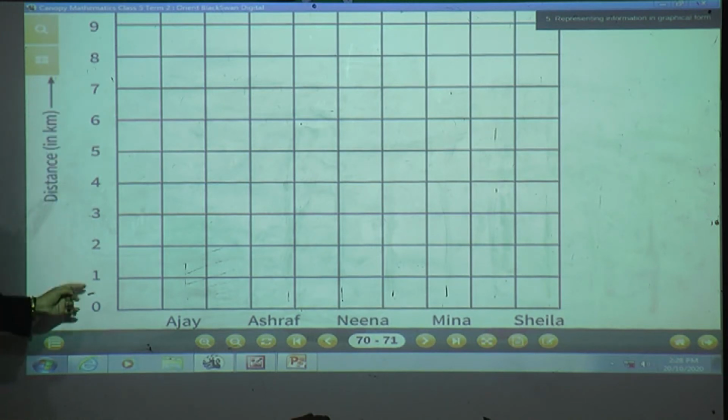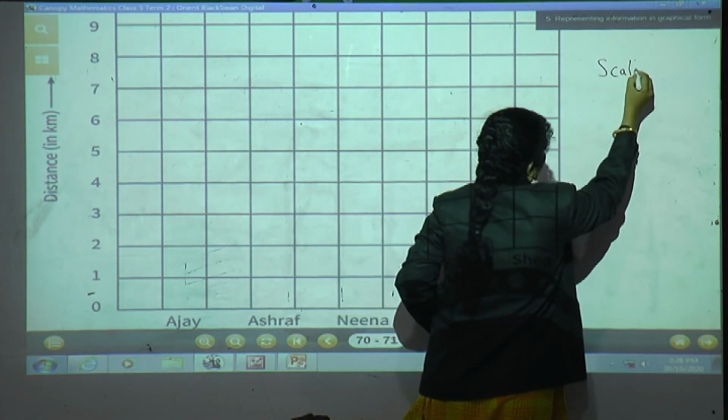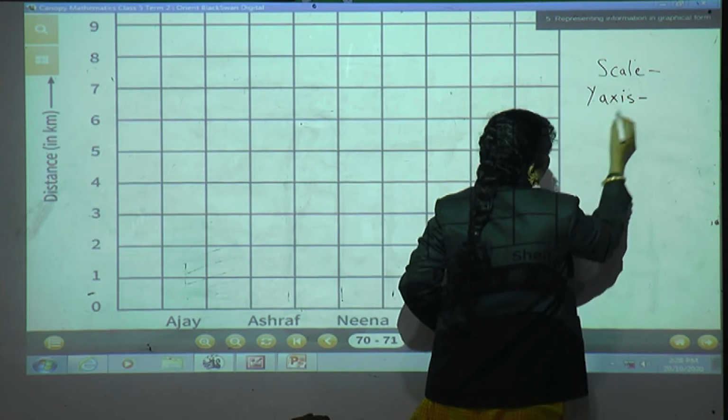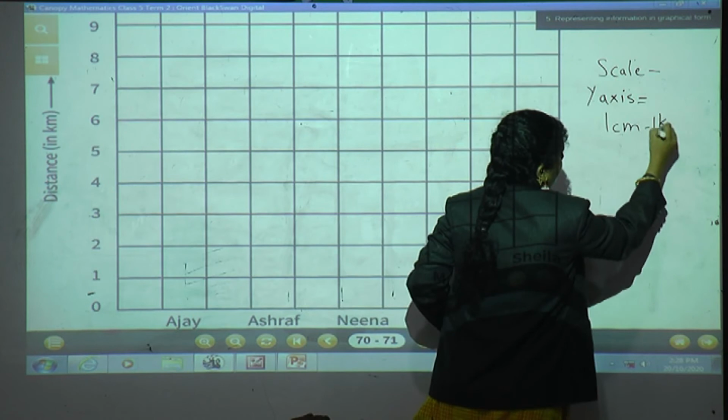Here the scale is 1 centimeter equal to 1 kilometer. So you can write scale, y-axis 1 centimeter is equal to 1 kilometer.